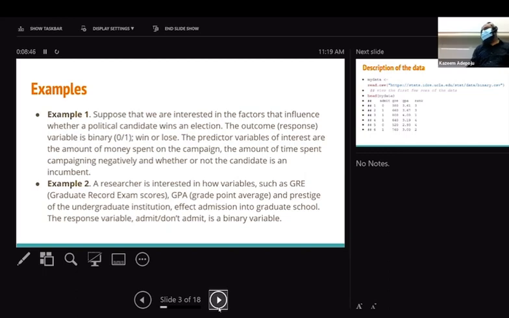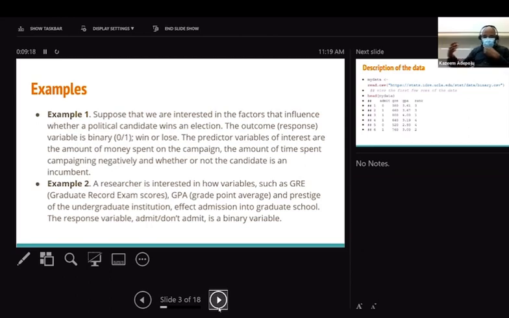Another example: a researcher is interested in applying to graduate school, which I believe some of you, when you are done, may want to do. Of course, the response variable is going to be categorical. It's either you are admitted or not. That makes it categorical. And that response depends on a good number of factors.